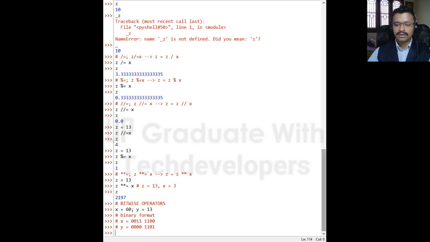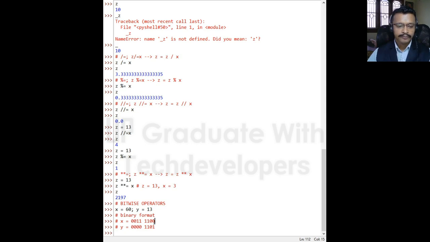So let us start with the binary AND operator, means binary bitwise AND operator. So here the bitwise AND operator copies a bit to the result if it exists in both operands. For example, here we have x and y.